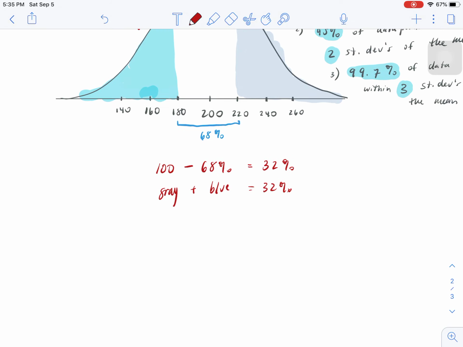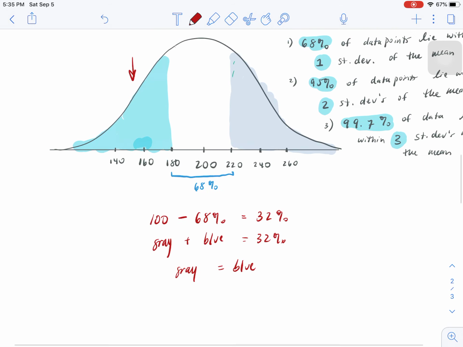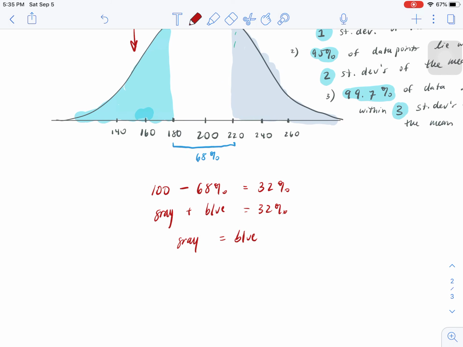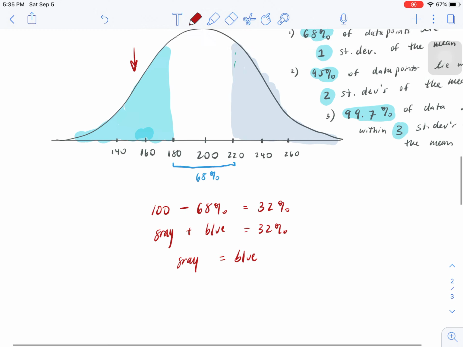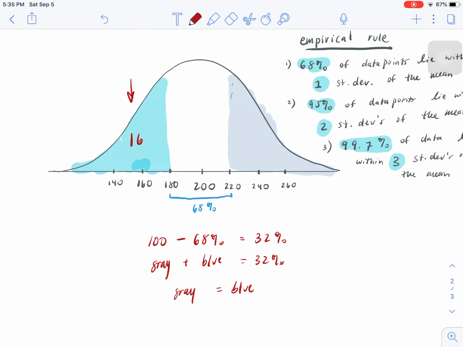So I know that this gray section must have the same percentage of students as the blue section. So now I know that these two sections are the same and they add up to 32%. So therefore, the percentage of students who take less than 180 minutes must be equal to half of 32%, which is 16%.